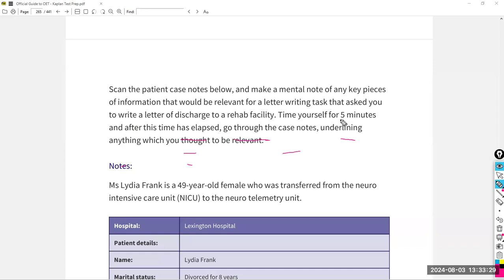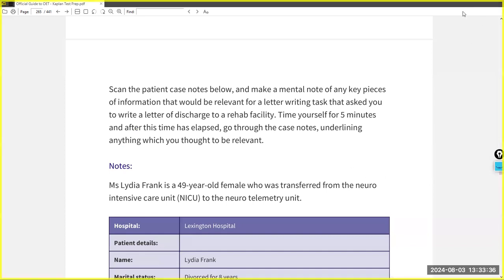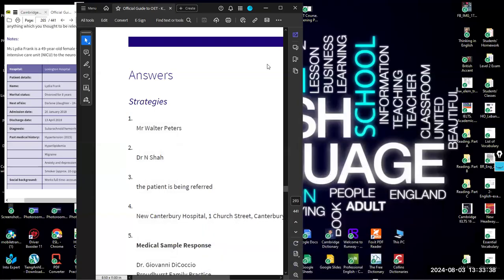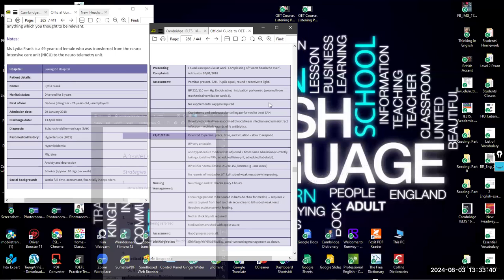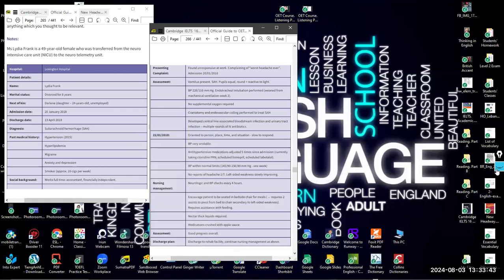Let's try to have 5 minutes in checking this case notes because after that, I have to mention something. Okay, so this is it. I have already prepared my case note here just to take a look, please. I know that the screen is a little small, but please try to zoom the page in just to take a close look at this case note. This is page number 1. This is page number 2. I'm going to give you 5 minutes.